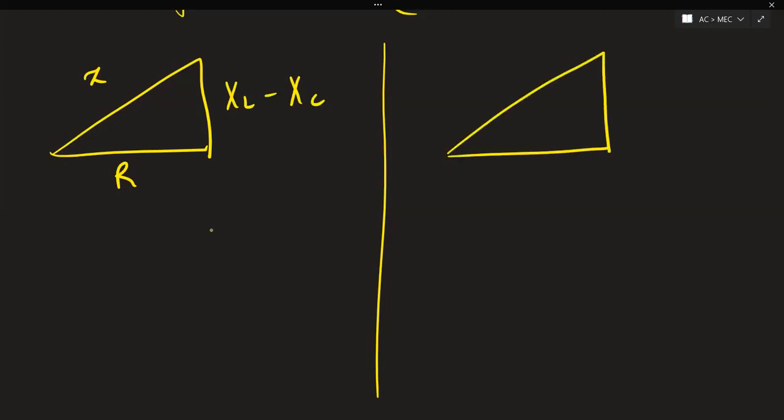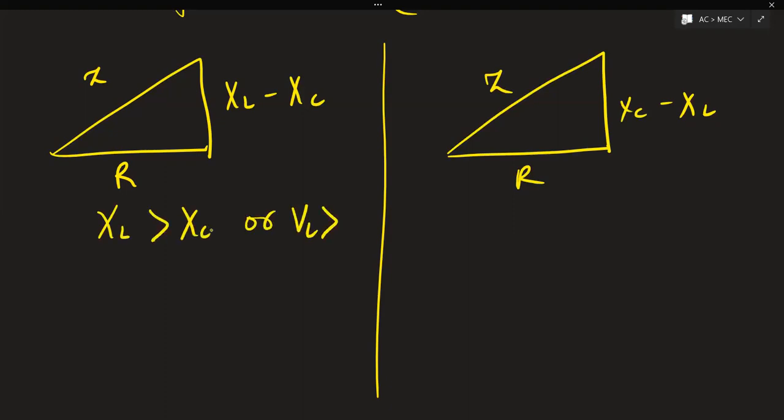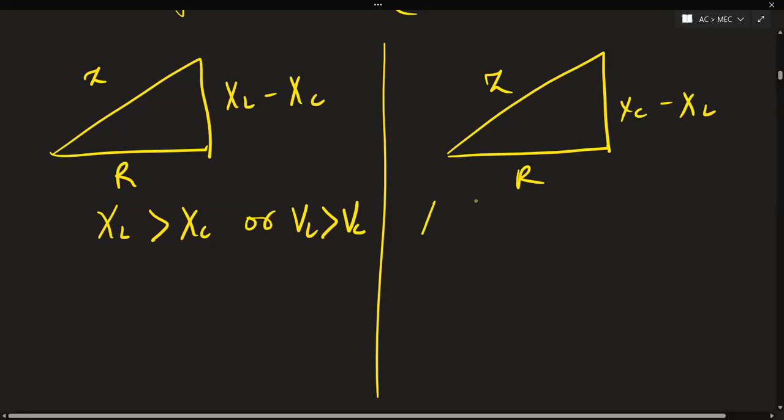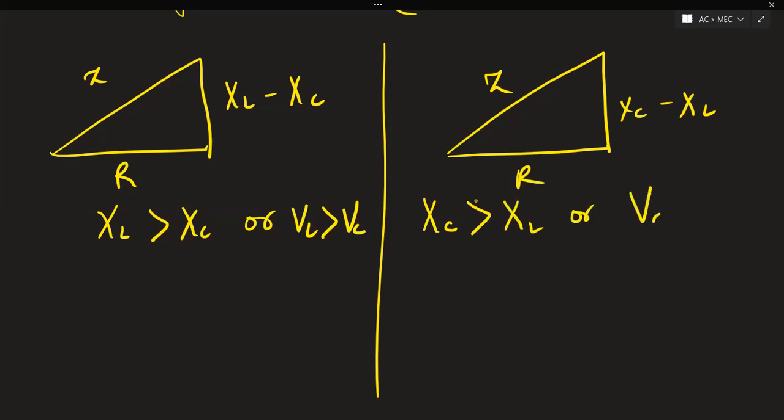Here I have Z, R, XC minus XL. A short conclusion so that you remember what we have studied. This is the case when XL is greater than XC, or VL is greater than VC. This is the case when XC is greater than XL, or VC is greater than VL.